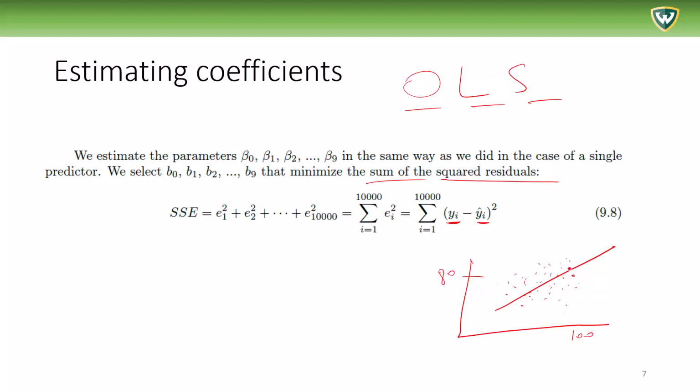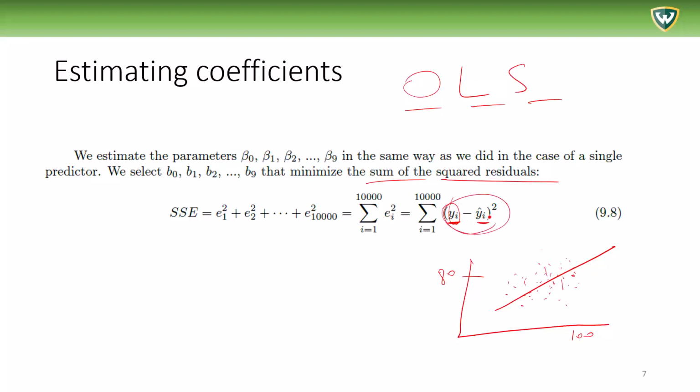All of these points, note that there's a distance between the points and the line. So the line doesn't predict the point specifically. The line will give you a value over here, but the point is actually over here, right? So all of this difference between the point and the line, these are the residuals.